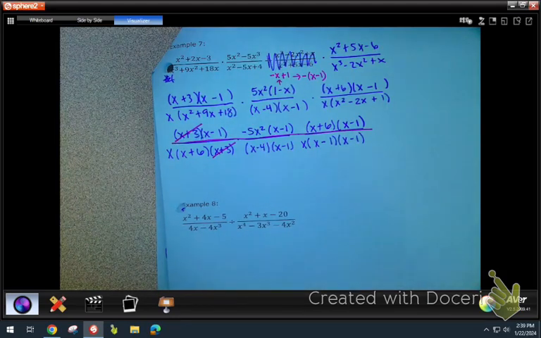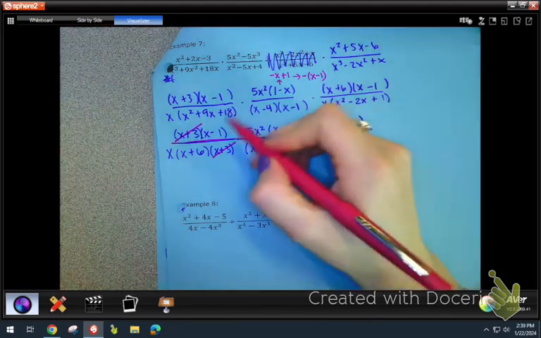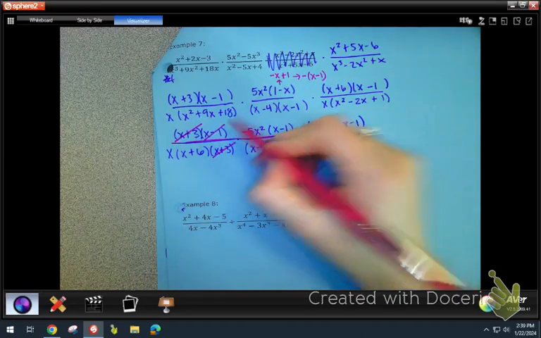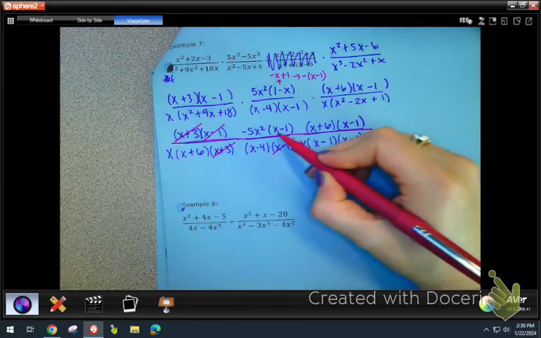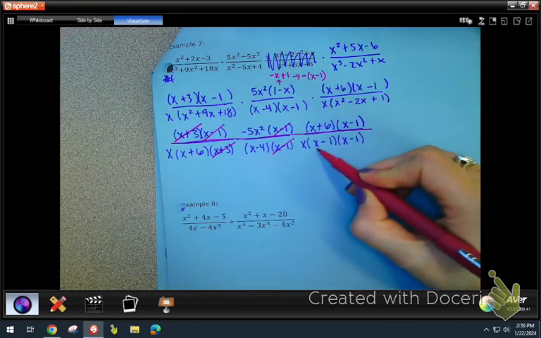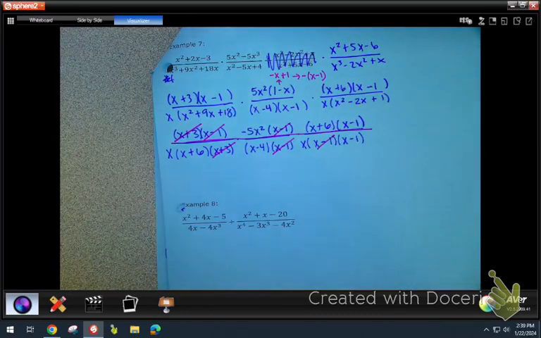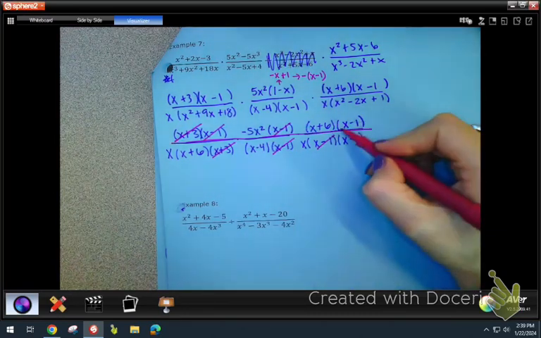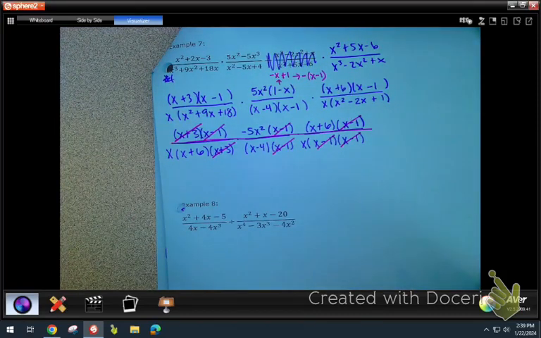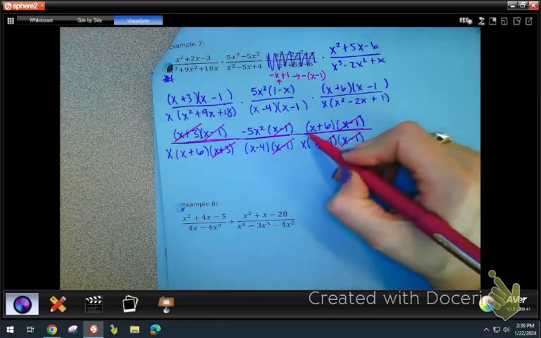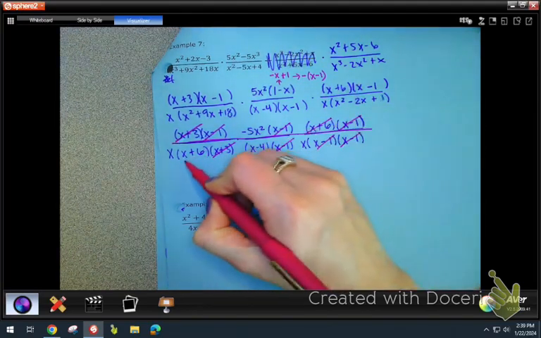Remember, it's 1 for 1. 1 on the top, 1 on the bottom. It can only go 1 for 1, though. What about x plus 6? Oh my gosh. Goodbye.